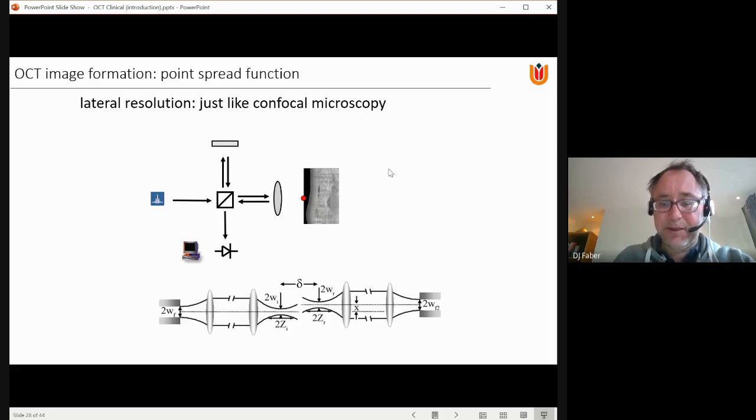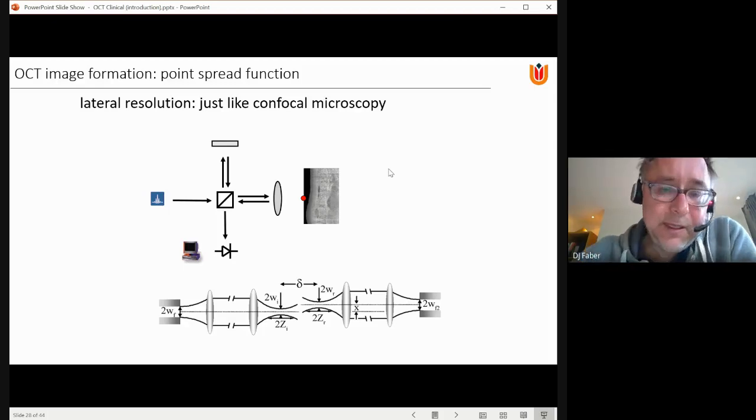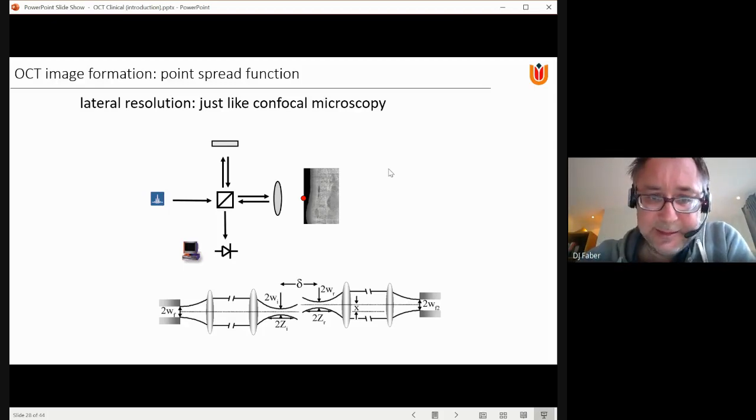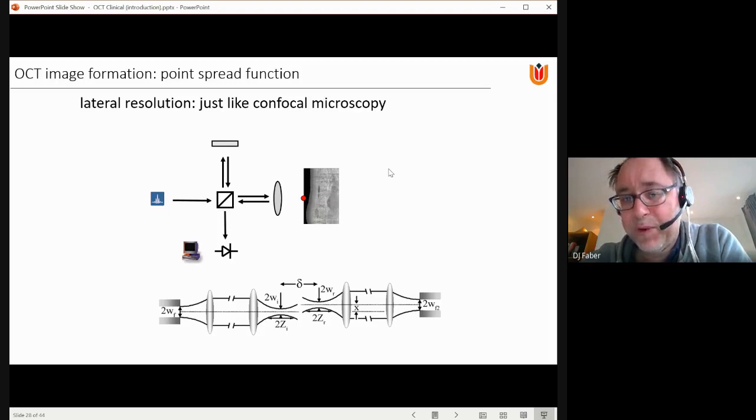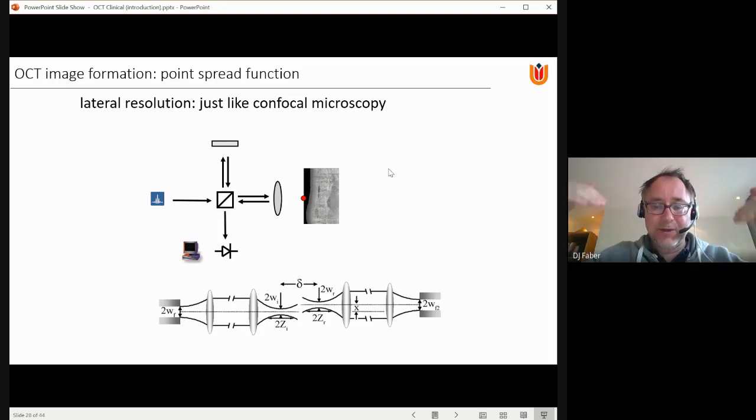For the lateral resolution, that is not a resolution in depth, but a resolution in the plane, the idea is that it works more or less just like confocal microscopy. You have a lens, and the lens focuses the light onto a certain spot size. If you have a strong lens, it will be a smaller spot size. If you have a weak lens, it will be a larger spot size. So that will determine your resolution.